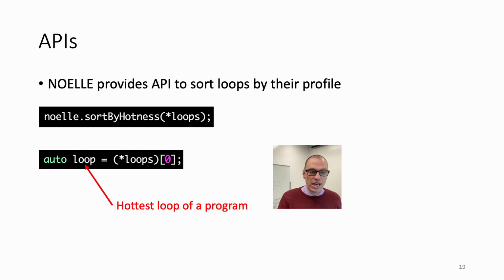And then after you do that, they are sorted in place, so the container that you pass as input is modified. And then the result is that if you now take the first element of this container, you get the loop which has the highest total number of dynamic instructions executed compared to all the loops.